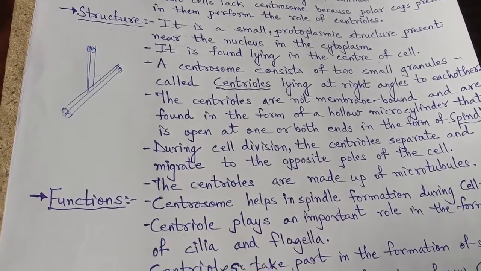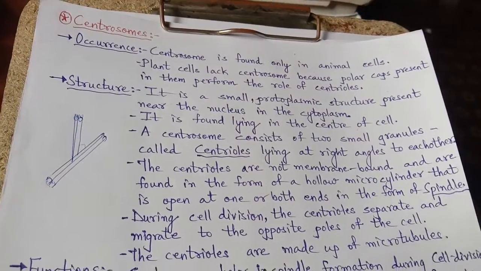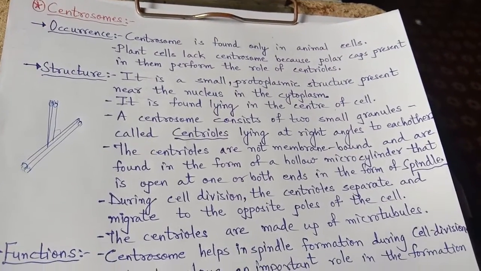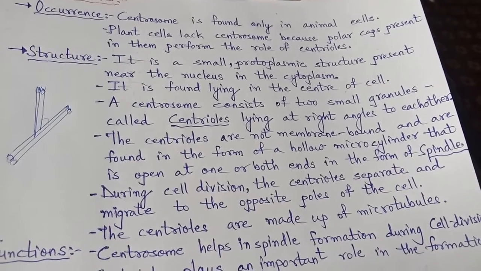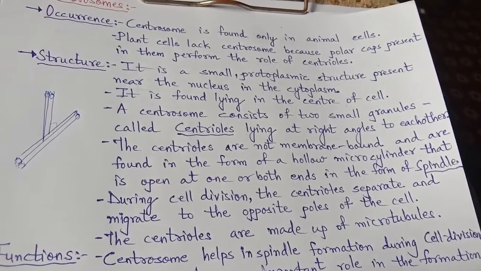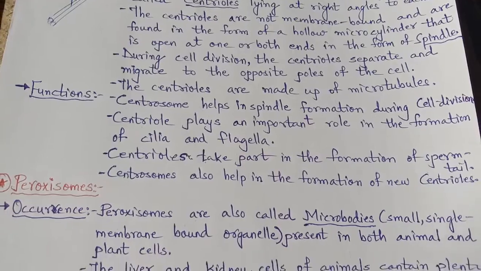And this is how all help the cells perform different types of functions in different forms, and this is how all living metabolic activities and processes are done with the help of all these cell organelles, right?